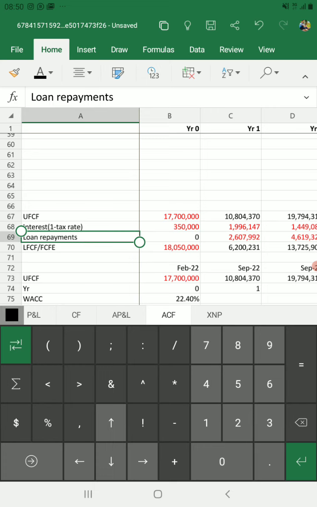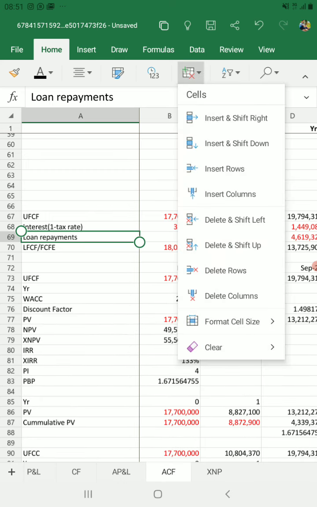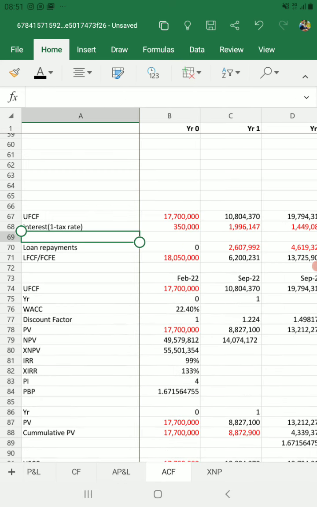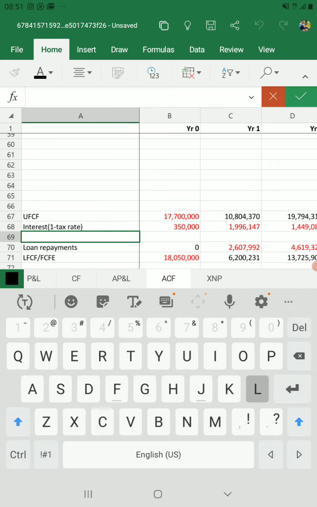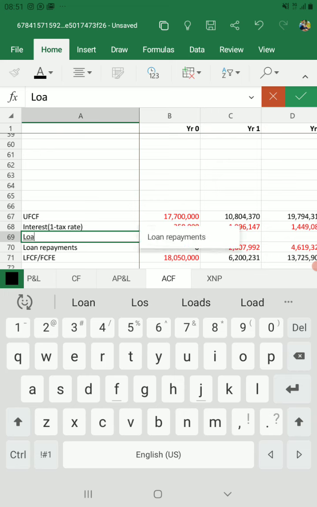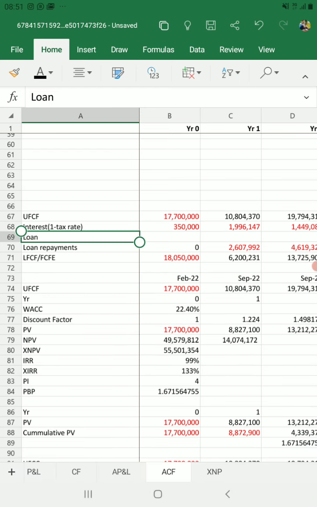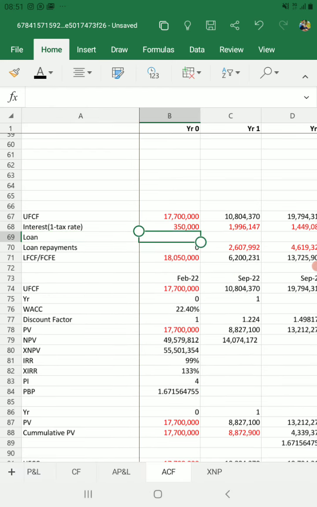So I need to insert a row there, insert row, and then put the loan figure, which was injected in year 0 here.